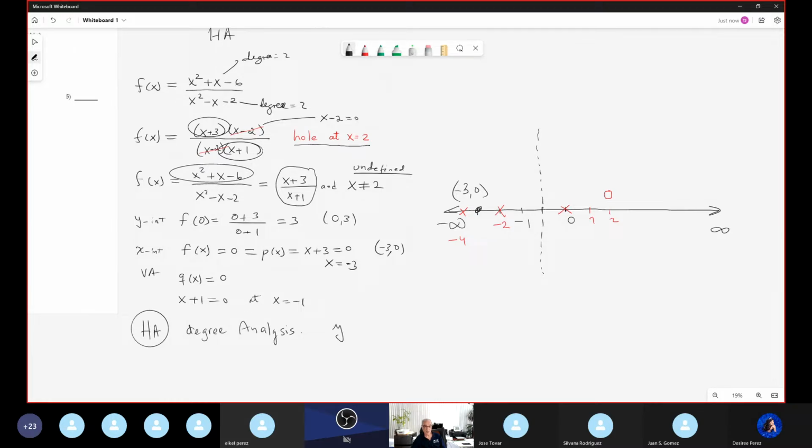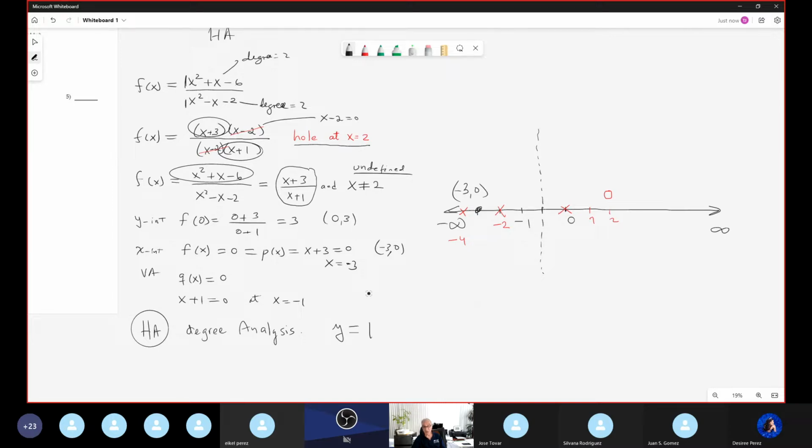At what value? At y equal to the coefficient ratio, 1 over 1, equal 1. Just in case, it's very convenient to check whether the function crosses the horizontal asymptote or not.